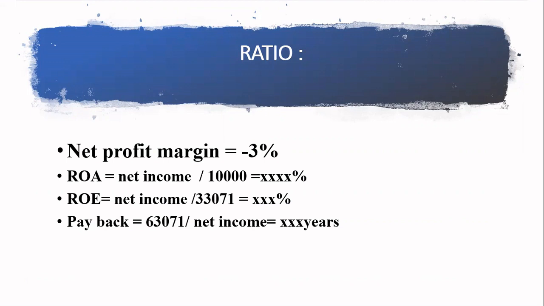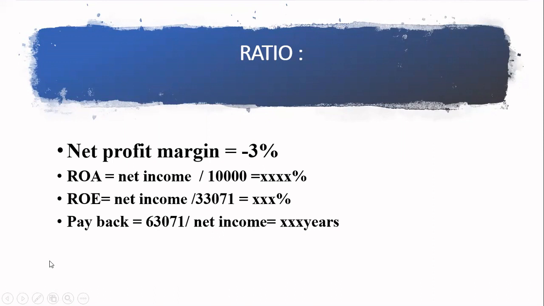If we look at the return on assets, I don't have net income here, but in the other case, if I divide the net income by the 10,000, it will give me the return on assets. If we take the net income and divide it by the total equity that you financed your project with, it gives you the return on equity.